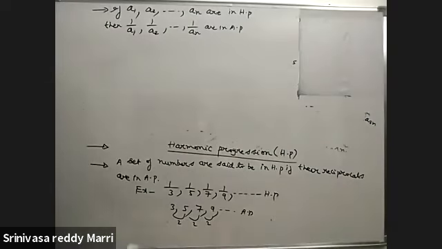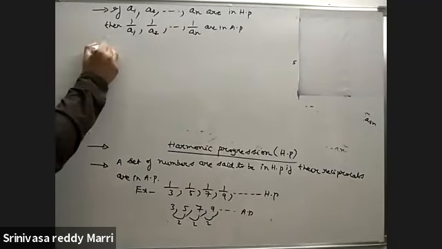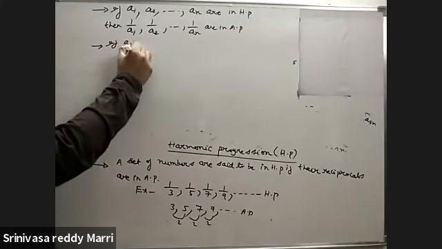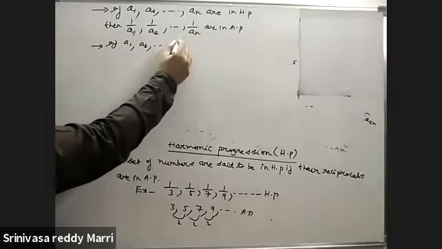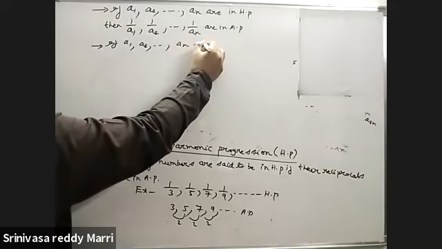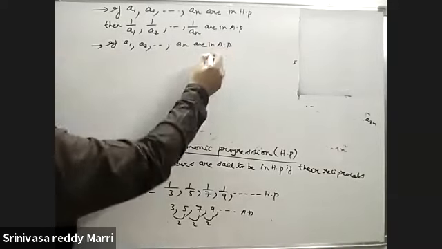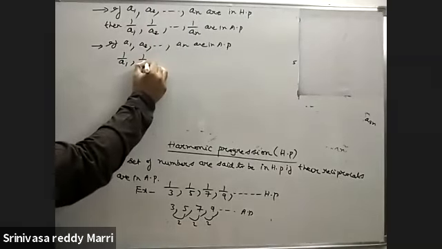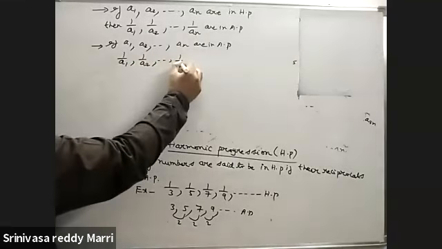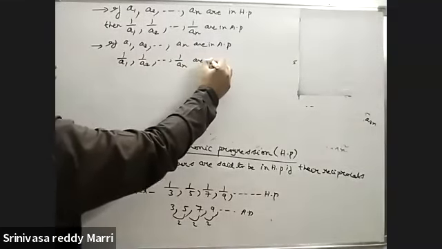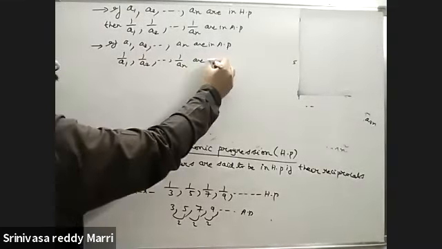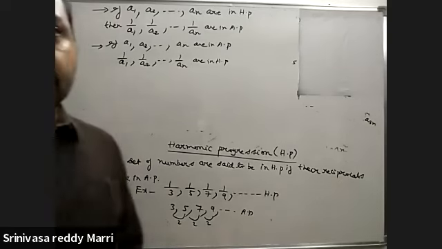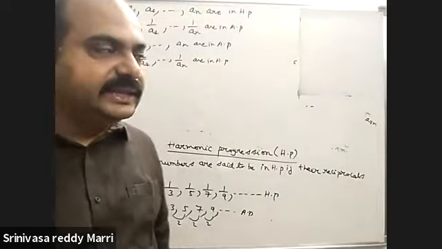Similarly, if the numbers are in AP, then their reciprocals will be in harmonic progression. It works both ways. The simple thing is, whenever a harmonic progression is given, we convert it into an arithmetic progression by taking their reciprocals.